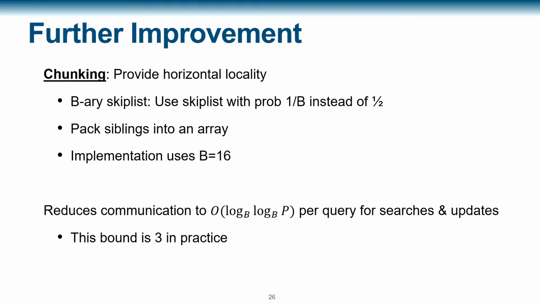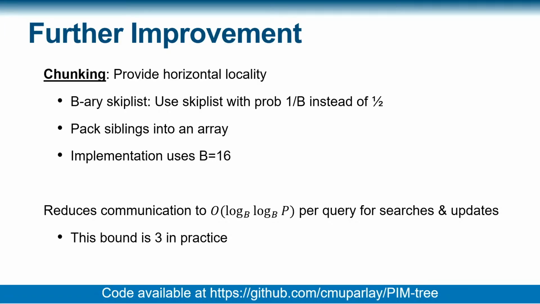The net result is that the amount of communication per query is reduced to log base B of P. Given the earlier question, this bound is 3 in practice. So it's a constant amount of communication, roughly 3 words in practice. Again, it's this combination of chunking things and moving random chunks. Good. And the code's available.